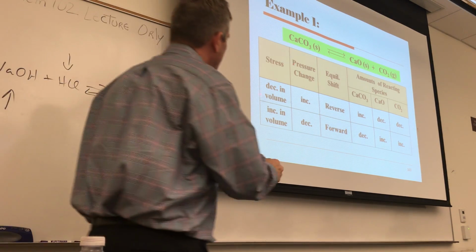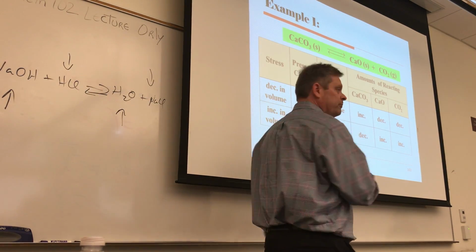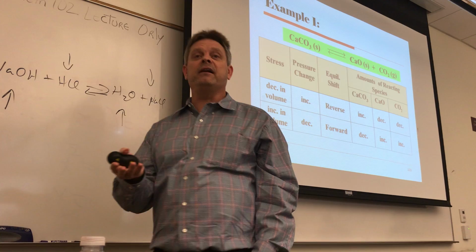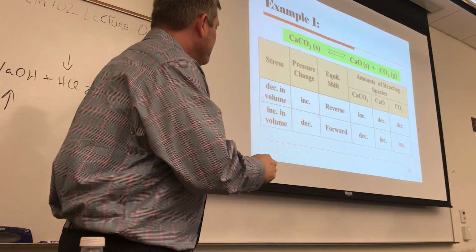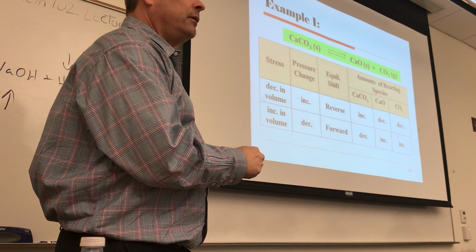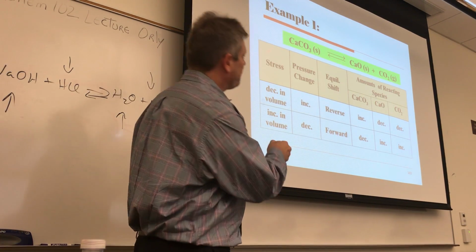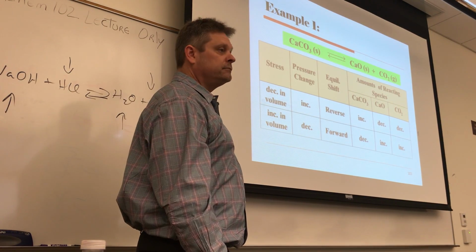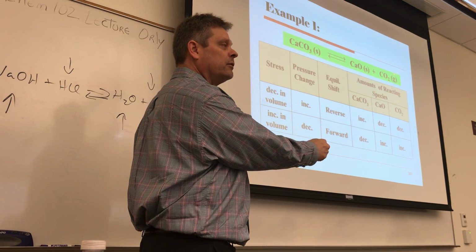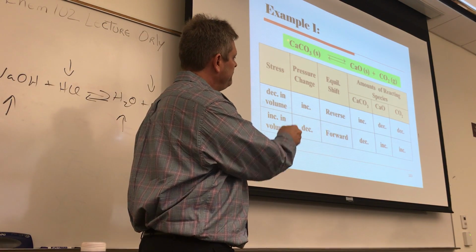So then I could say the stress, if I decrease the volume, so there's another way to state what I just said, I decrease the volume, I'm increasing the pressure. Therefore, it would shift the equilibrium away from where there already is more pressure, and that would be to the left.